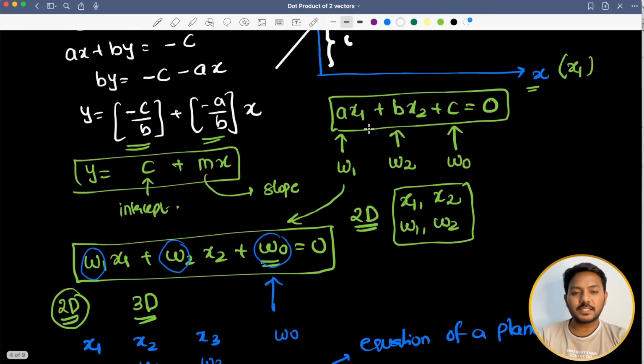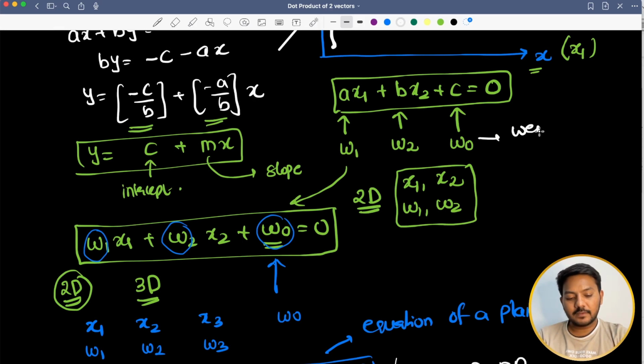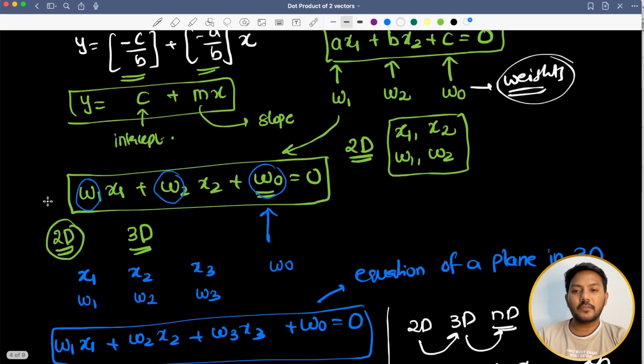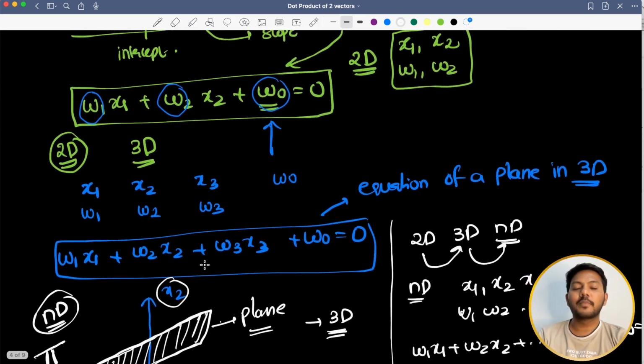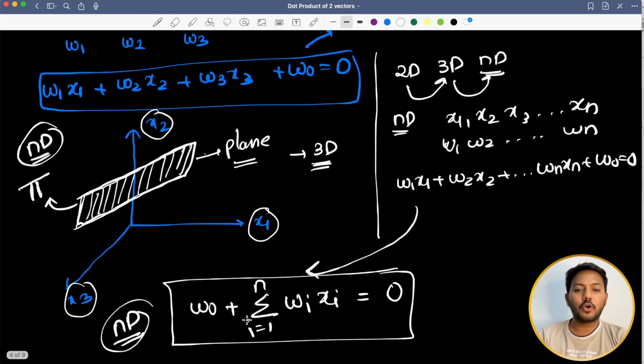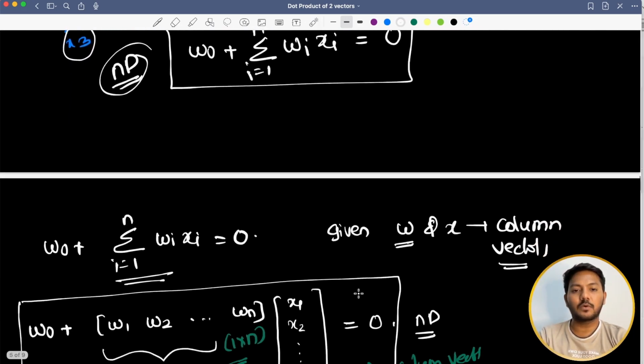I have replaced a and b with w1 and w2, and we call them weights, and we will understand what these weights are in detail and their intuition. The equation is w1x1 plus w2x2 plus w0 is equal to 0, and if we have n dimensions, we generalize into w0 plus sigma i equal to 1 to n wi xi is equal to 0.